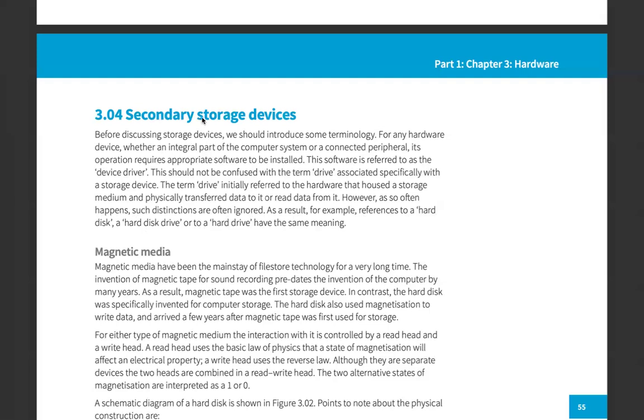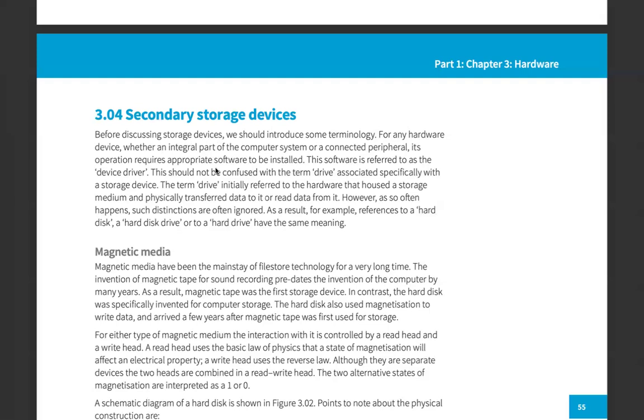That's what, anyway, for the secondary storage devices. Here we have a small introduction. It's all about the terminologies we have to know when we are talking about and studying secondary storage devices. We should not be confused with the term drive associated especially with the storage devices.